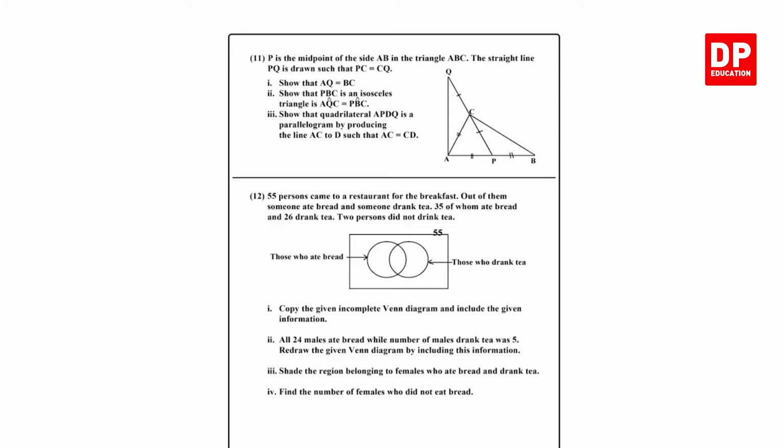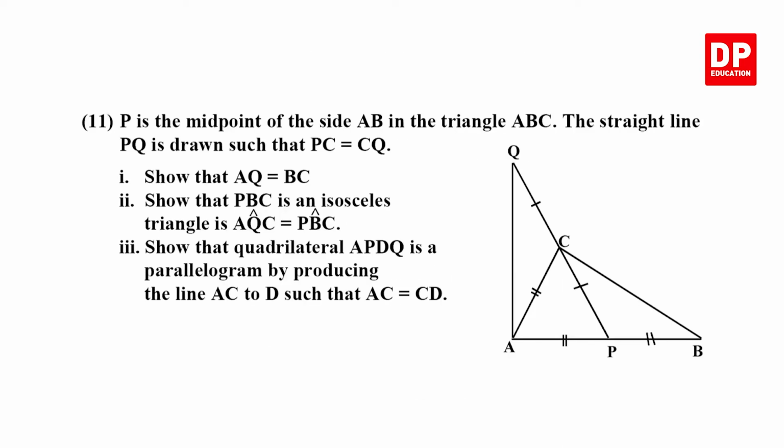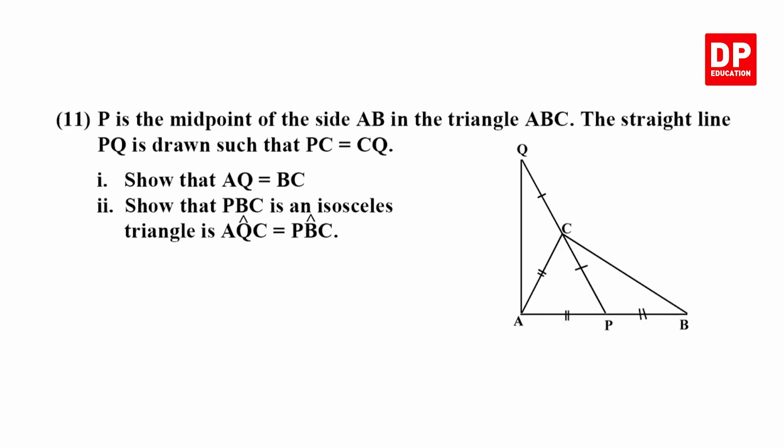Now you can try 11 and 12. Those are the 2 last questions. We'll take the 11th one. That's also something you have to prove and show step by step. First part, P is the midpoint of side AB. In the triangle ABC, the straight line PQ is drawn such that PC is equal to CQ.